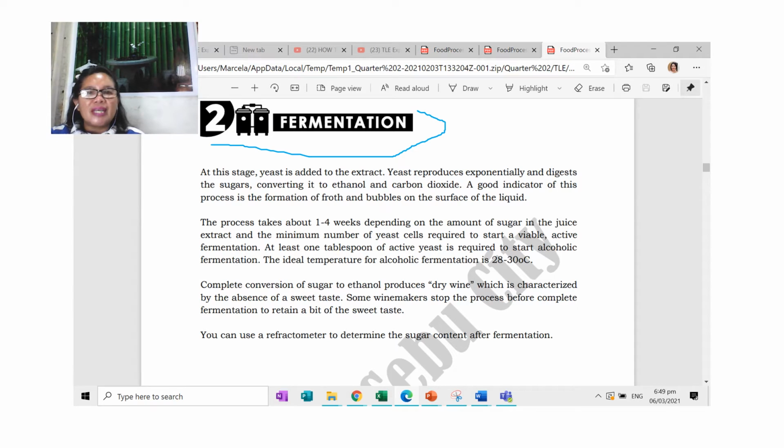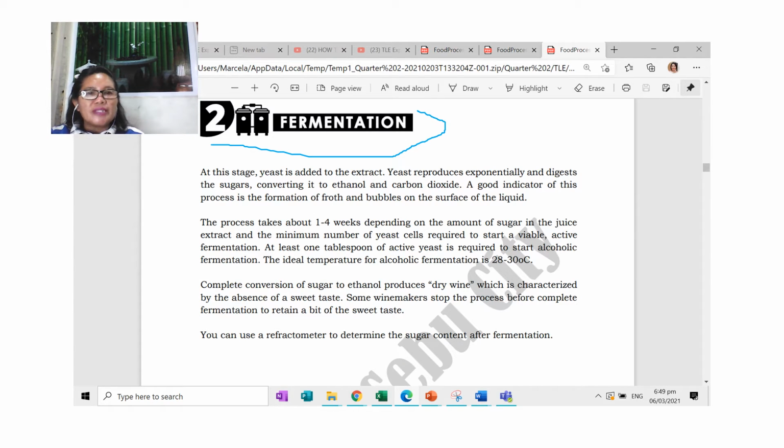A good indicator of this process is the formation of fruit and bubbles on the surface of the liquid. Okay, makakita ka og bubbles. So, good process na siya.